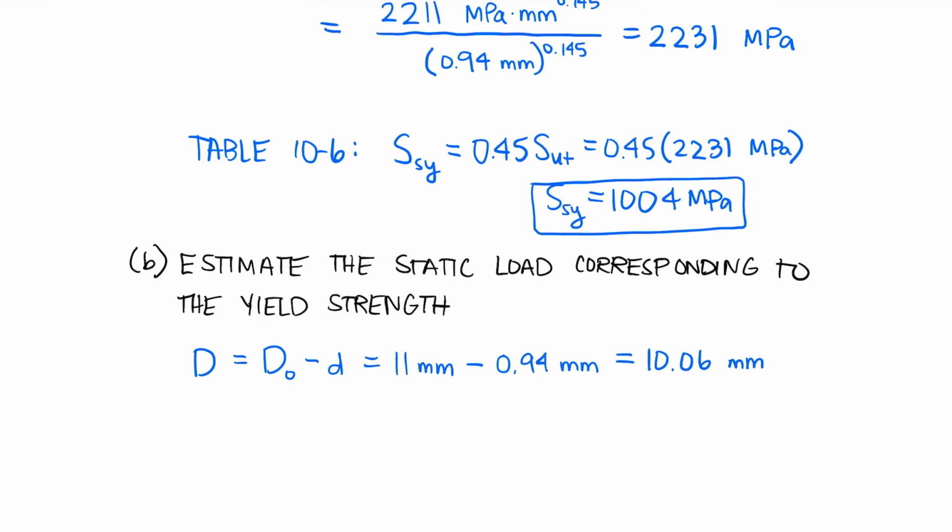Okay, and so now we can find our spring index, which this is from the first video. So our mean coil diameter divided by the wire diameter. So 10.06 divided by 0.94 millimeters is 10.7.